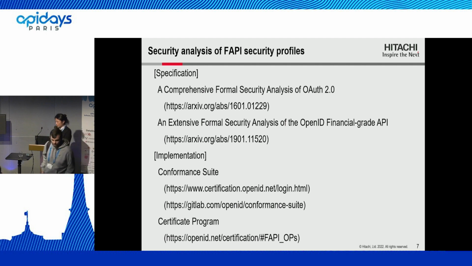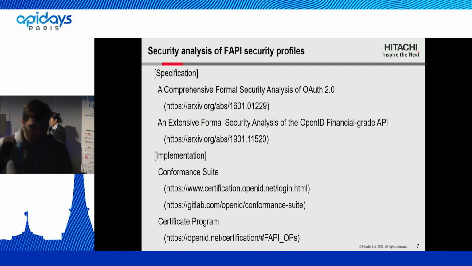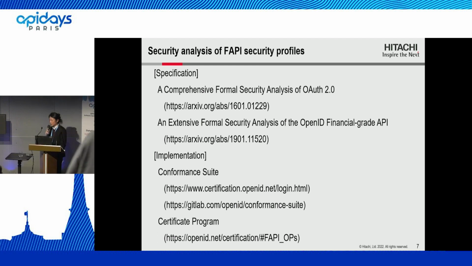Then the next question is, if we implement FAPI security profiles in our software product, whether such a software product complies with FAPI specifications or not. To answer this problem, OpenID Foundation provides a conformance test suite for FAPI security profiles.